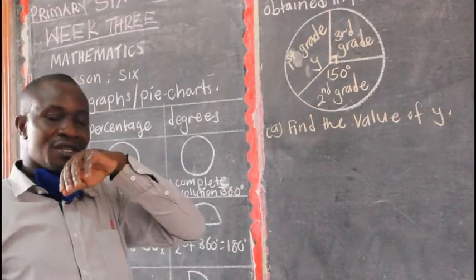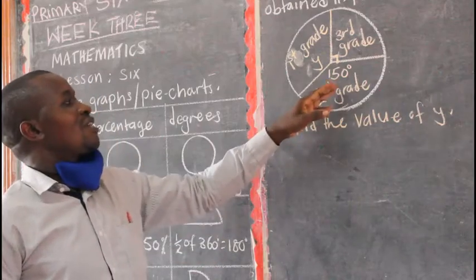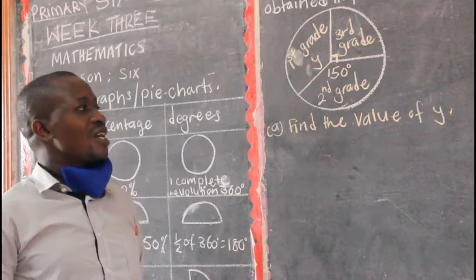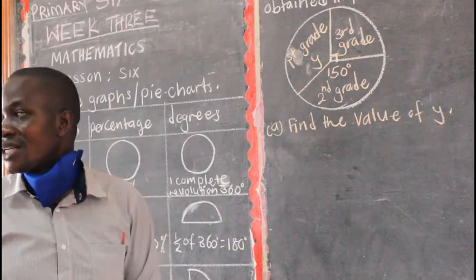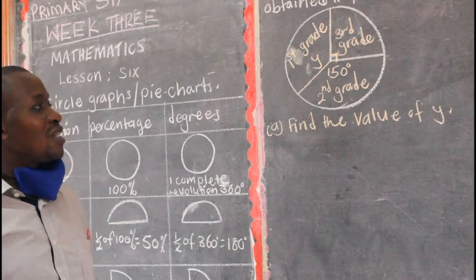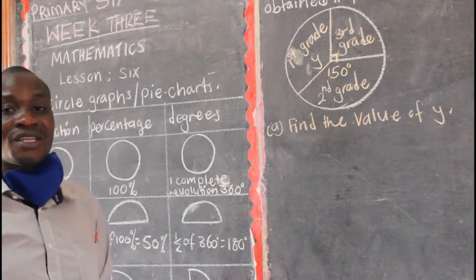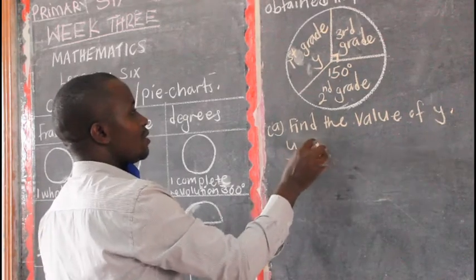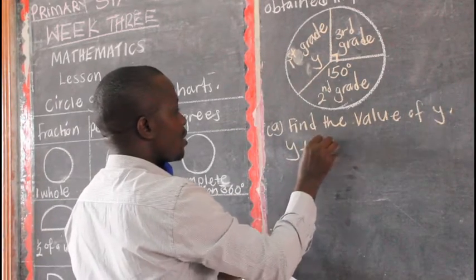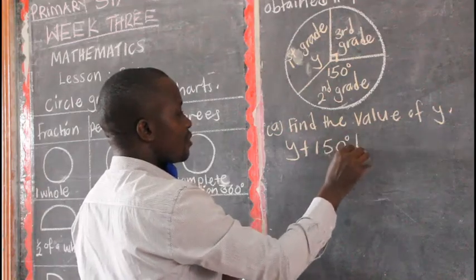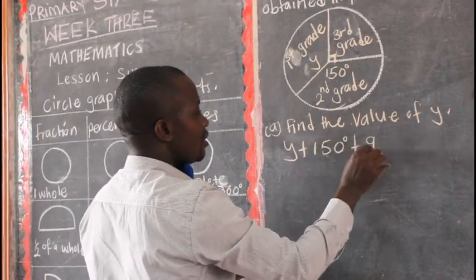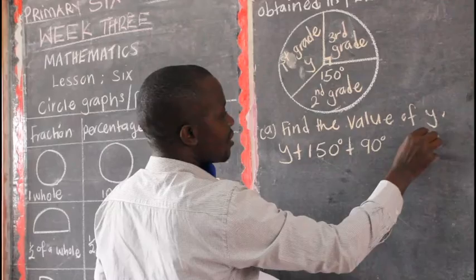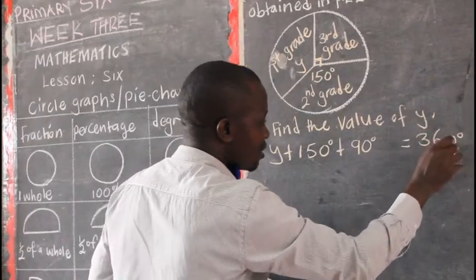Why are we equating to 360 degrees? Because here they have given us each sector in terms of degrees. That's why we are equating to 360 degrees. So we shall say y plus 150 degrees plus the 90 degrees here gives us 360 degrees.